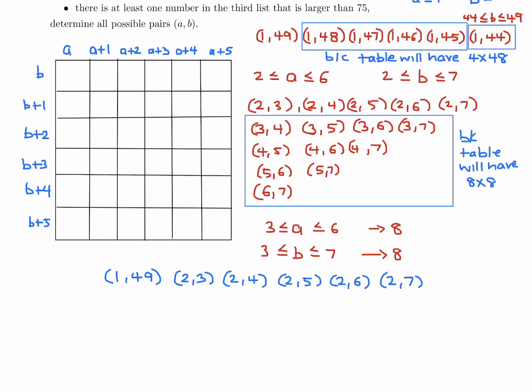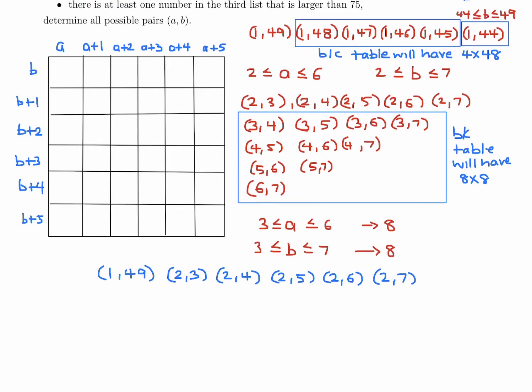Okay, we got one more criteria, and that is this criteria right here, that at least one number in this list is larger than 75. So when we make this table, how do we figure out if this list will have any number larger than 75? Well, what we can do is figure out what is the max. And if the max is greater than 75, then we're set. So we'll do this one step at a time.